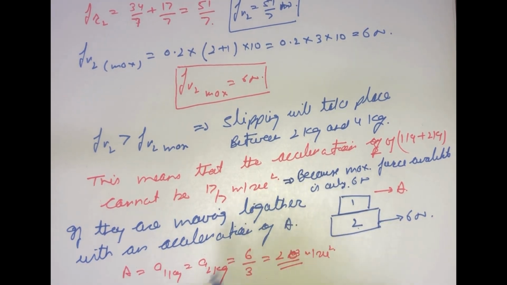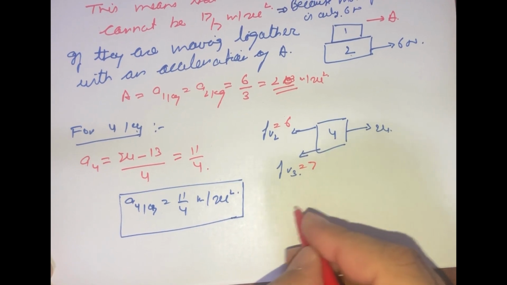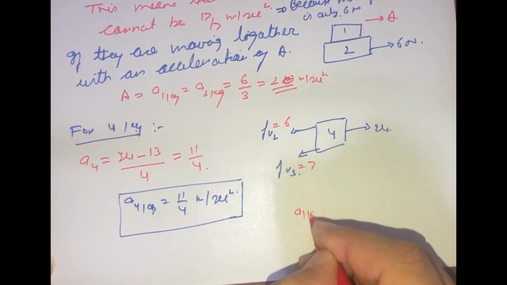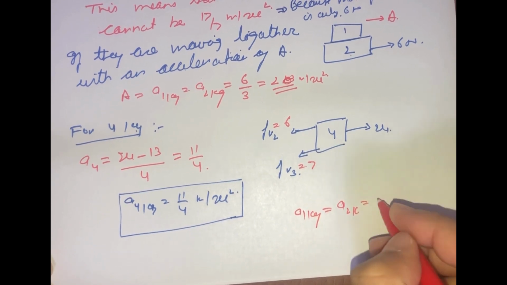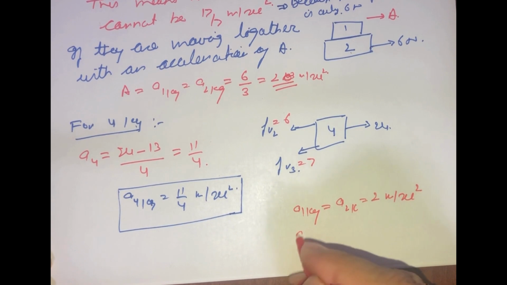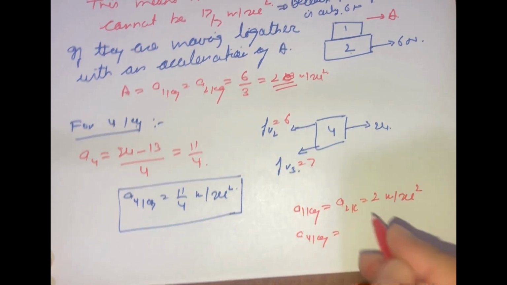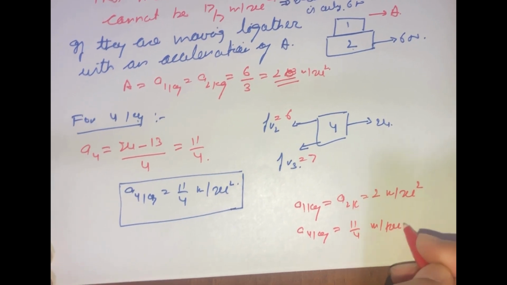So finally, we can say that the acceleration of 1 kg will be the same as the acceleration of 2 kg, which will be equal to 2 meter per second square, and the acceleration of 4 kg will be 11 by 4 meter per second square.